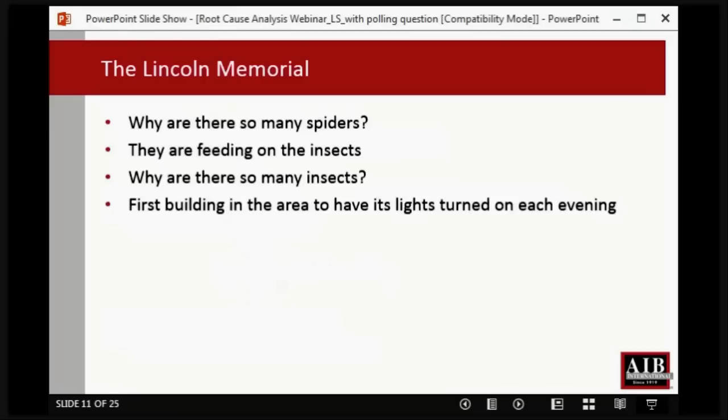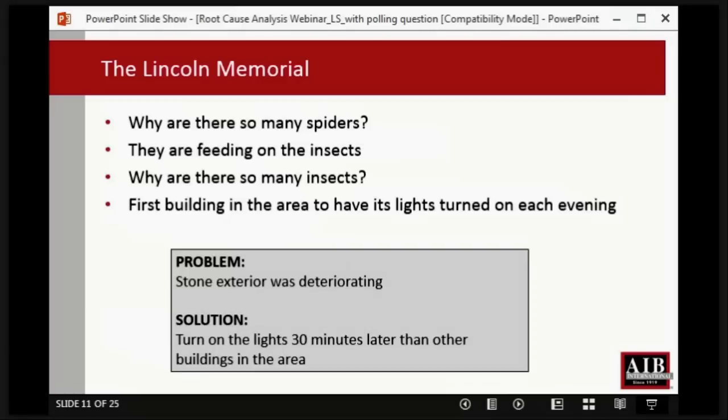And when we drilled down to the root cause, we found out that this building was the first one to turn their lights on every single evening. So most of the insects were going to that building before they were going to others. So the problem, which was the deteriorating stone, the solution was to turn on the lights a little later so that the insects would go to other buildings.